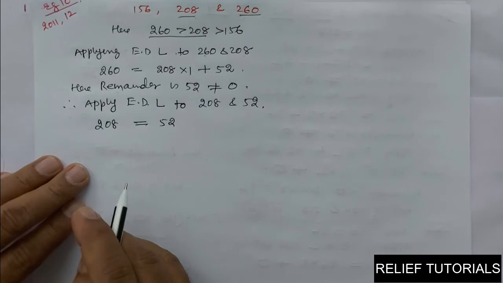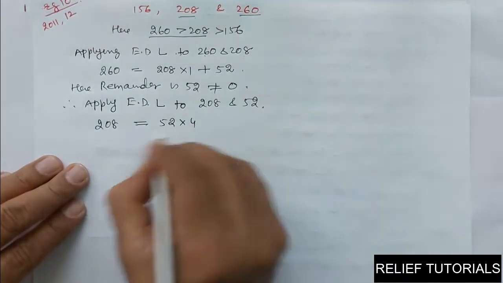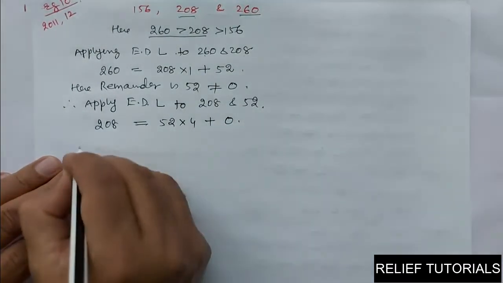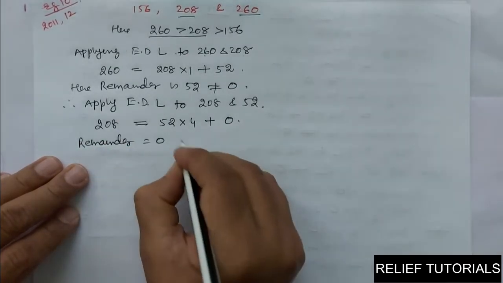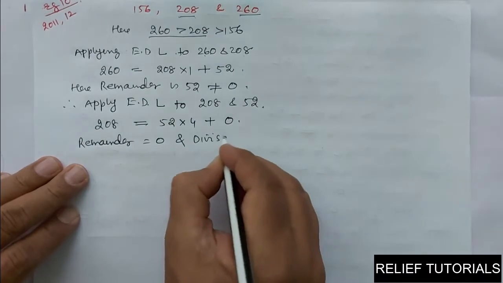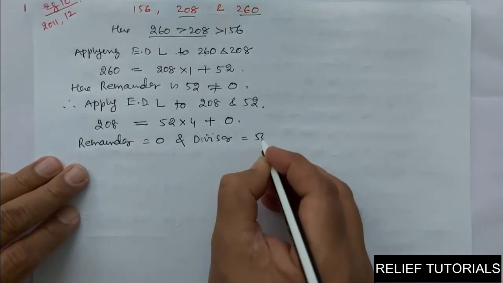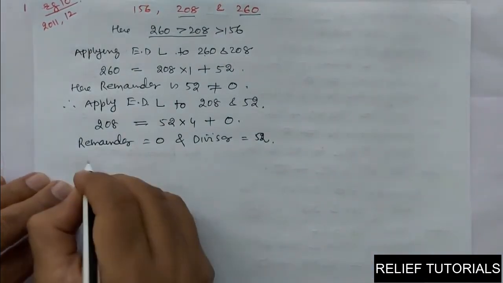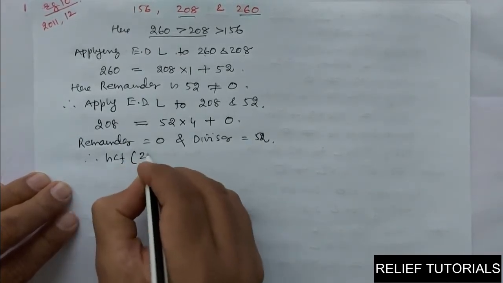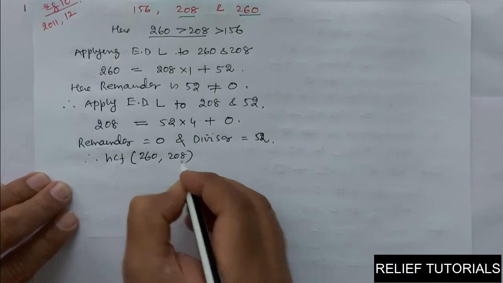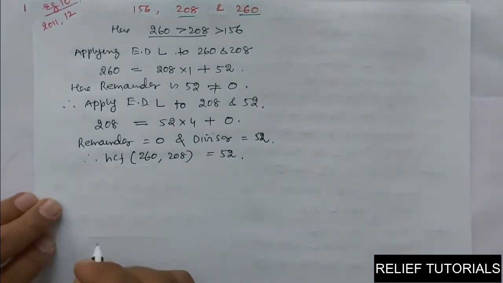How many times it goes? 4 times. 52 4s are 208 plus remainder will be 0. So remainder is 0 and divisor is 52. Therefore you can say HCF of 260 and 208 is 52.